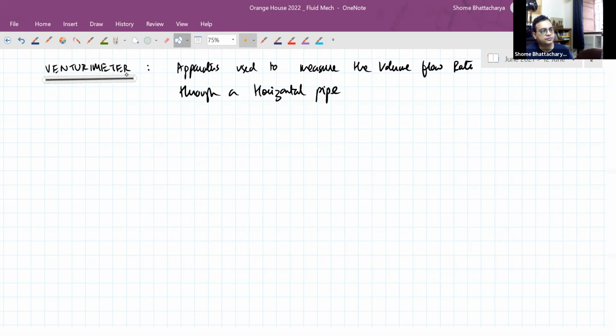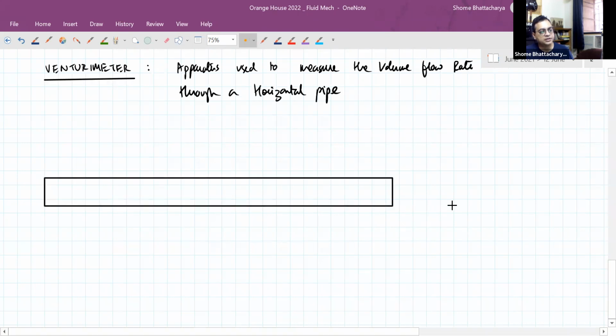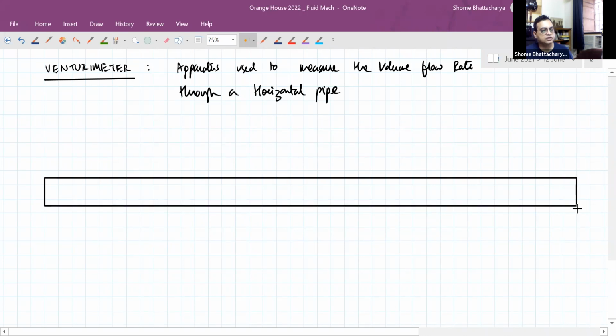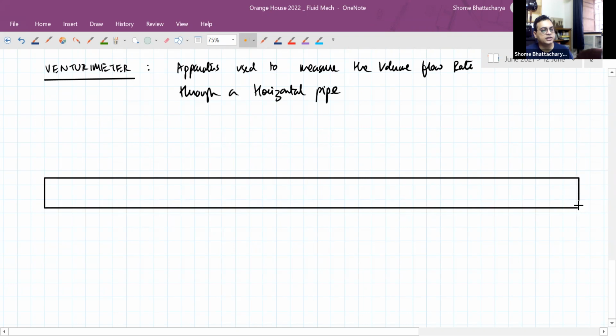So suppose we have a horizontal pipeline through which fluid is in steady flow continuously. And we want an apparatus which will give us the value of volume flow rate in between. So we know, for example, that this area of cross section is some A.